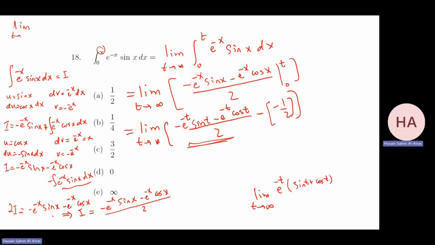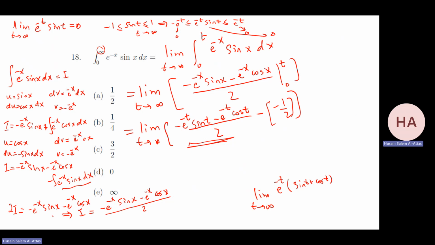The limit as t goes to infinity of e to the minus t sine t. Use the squeeze theorem. This is 0. Why? Because sine t is between minus 1 and 1. That implies, multiply by e to the minus t. Now, as t goes to infinity, this goes to 0, and this one also goes to 0.